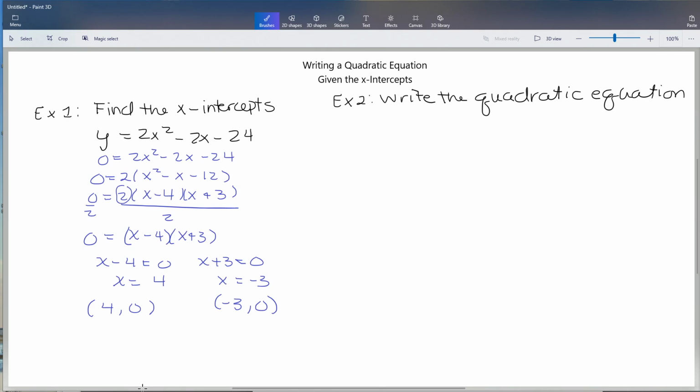We're going to use the x-intercepts to look at what the factors should be, right? But because this 2 doesn't really impact the x-intercepts, we're going to need one more piece of information to find that front number, that a.